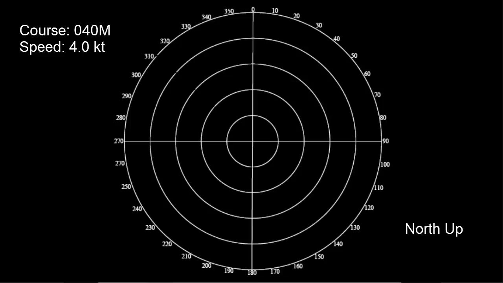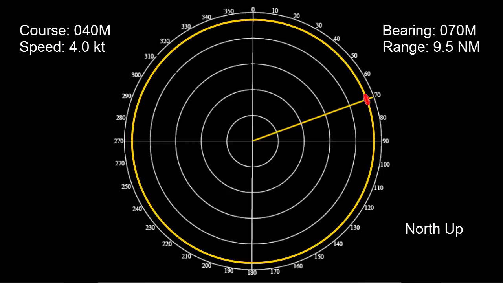Here's how it's done. For example, you are on a nominal course heading of 40 degrees magnetic at 4 knots. Your radar display is set to north up. At 0200, your radar shows another vessel on a bearing of 70 degrees magnetic at 9.5 nautical miles.